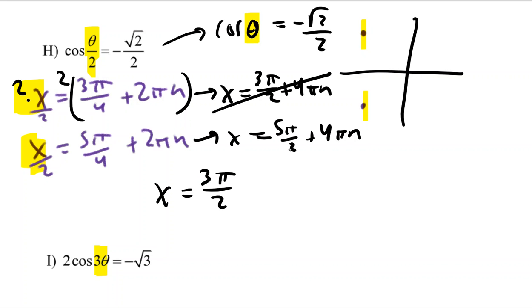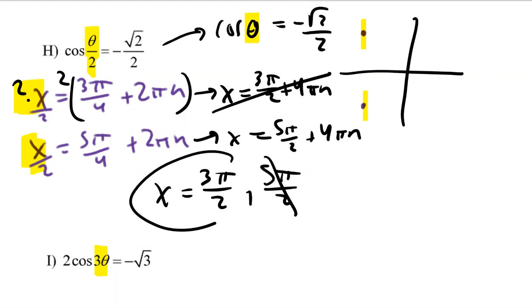This formula says 5 pi over 2 is an answer. Is 5 pi over 2 between 0 and 2 pi? No. So then that can't even be an answer. If you add 4 pi to that, it's even further away from the answer. So those formulas help me find all the solutions, but there is only one solution between 0 and 2 pi.